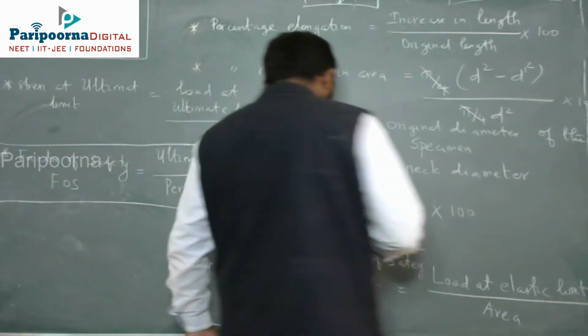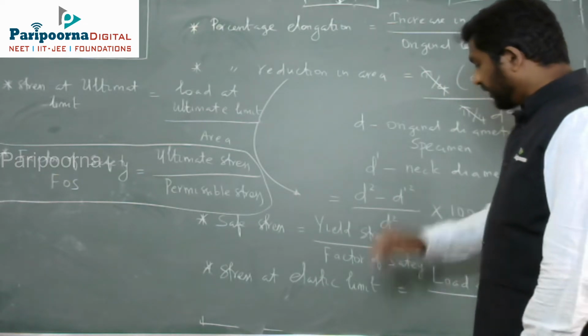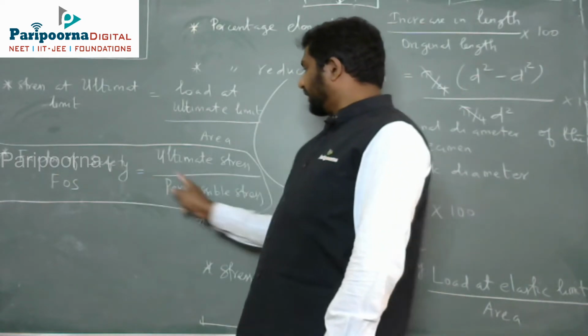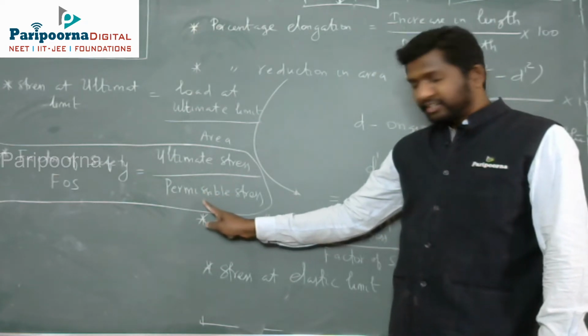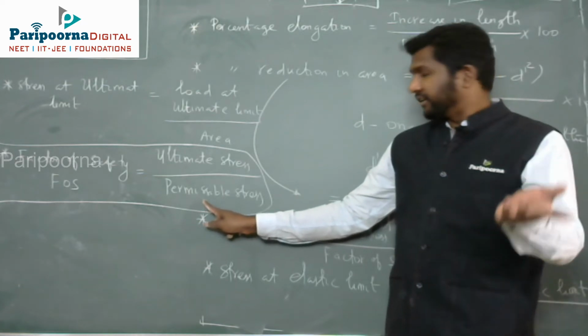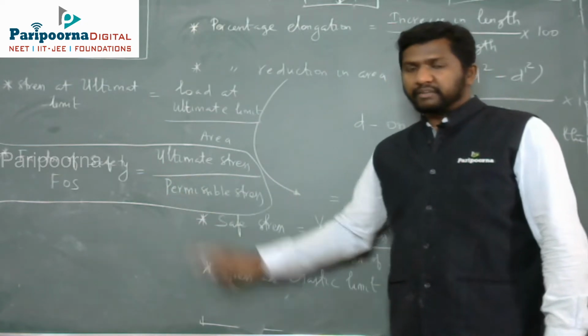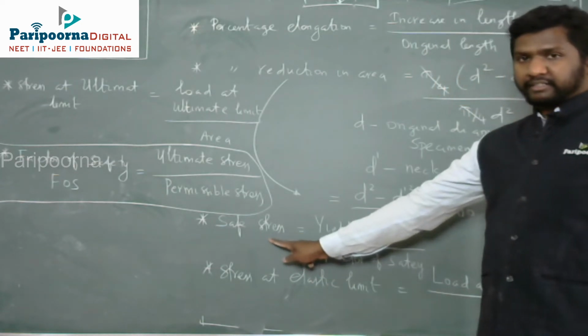It is the ratio of yield stress over factor of safety. Factor of safety is nothing but the ratio of ultimate stress over permissible stress. You may call it permissible stress or operating stress or working stress, whatever it is. So this is the definition for factor of safety, and from this equation you can calculate safe stress.